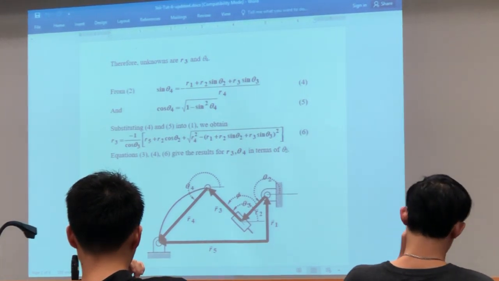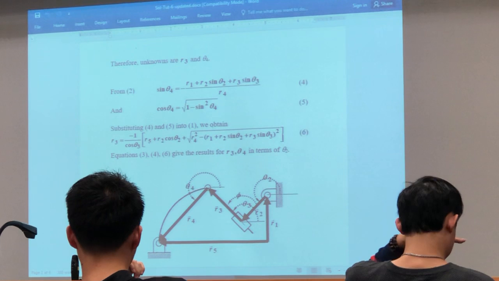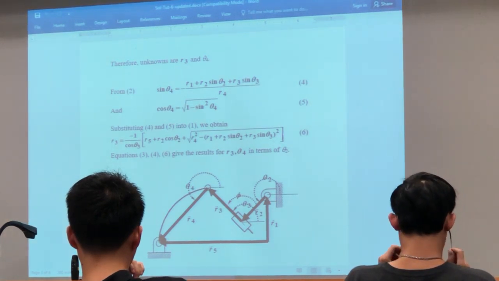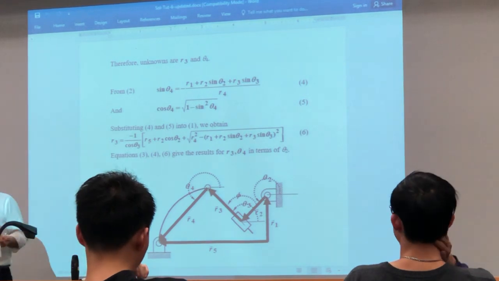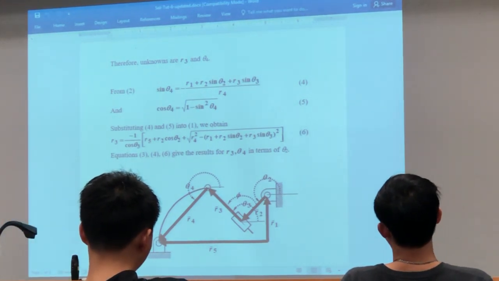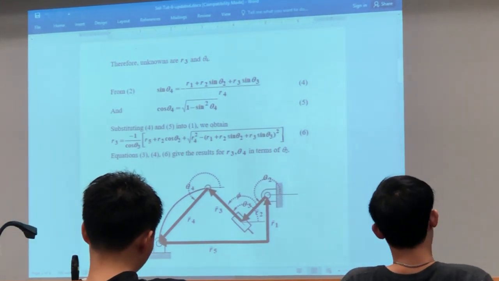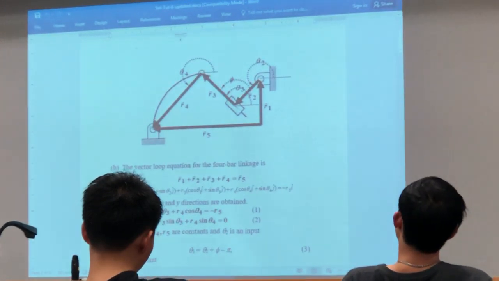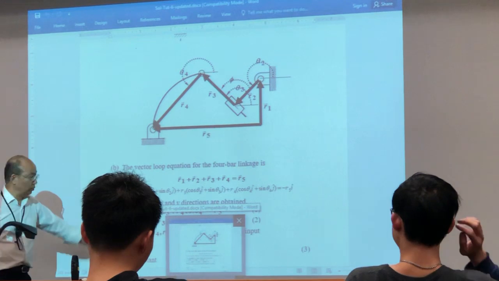If you want to do the velocity analysis, what do you do? Velocity is basically the differentiation of the position, right?